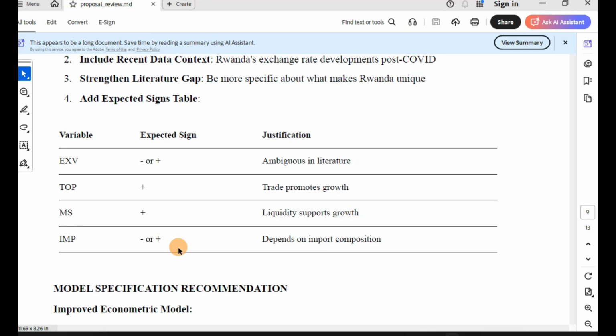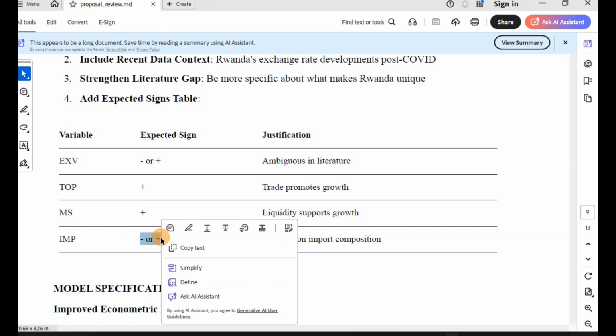When we decrease the money supply, the GDP also will decrease. When we increase the money supply, the GDP will increase. So it is in the same direction. But the imports can result in different directions.